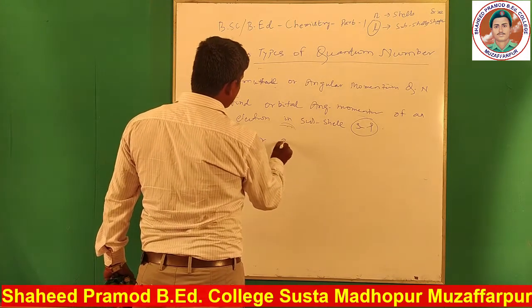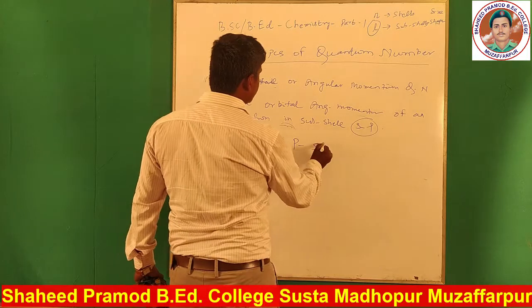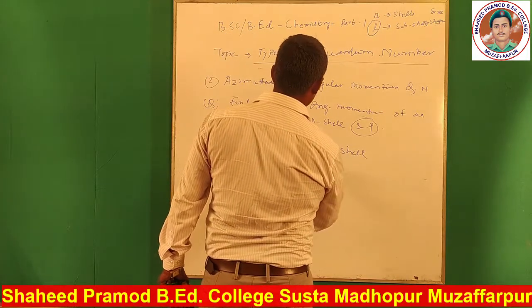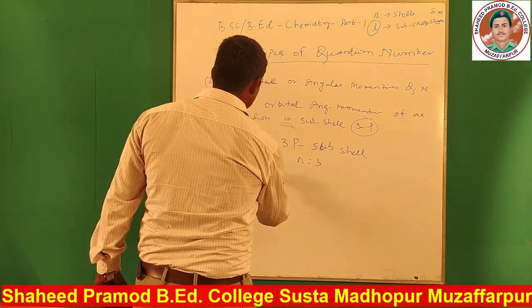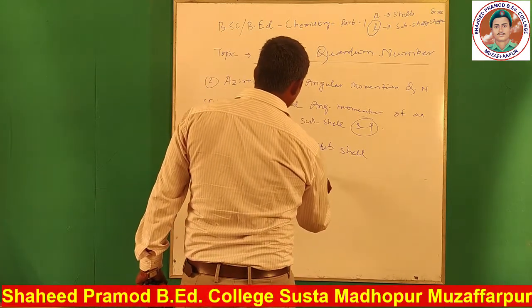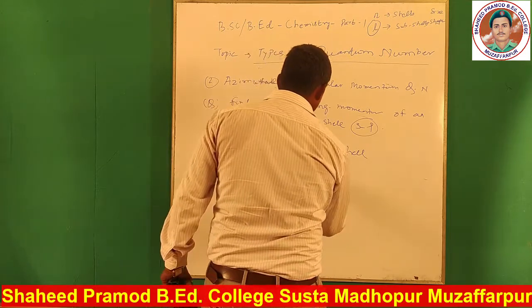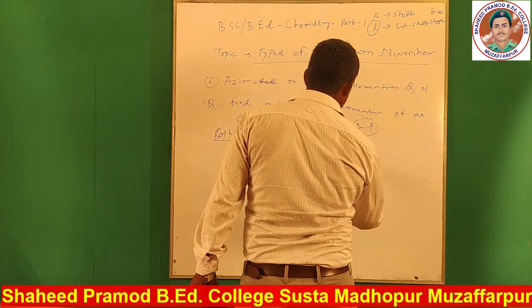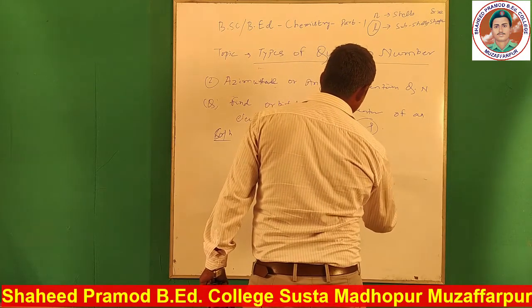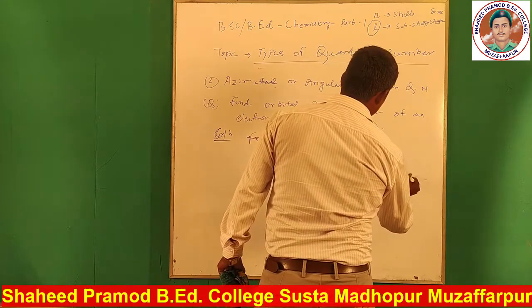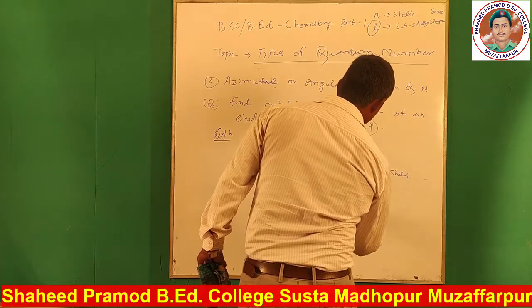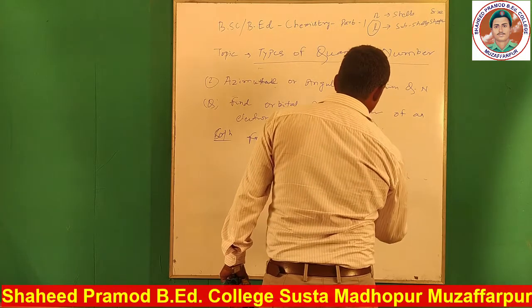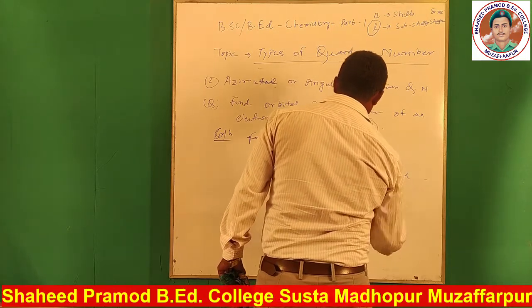For 3p subshell, n is equal to 3 and L is equal to 1. You can draw a table of L and subshell, 0, 1, 2, 3, and subshell will be S, P, D, F. So, for P subshell the value of L is equal to 1.